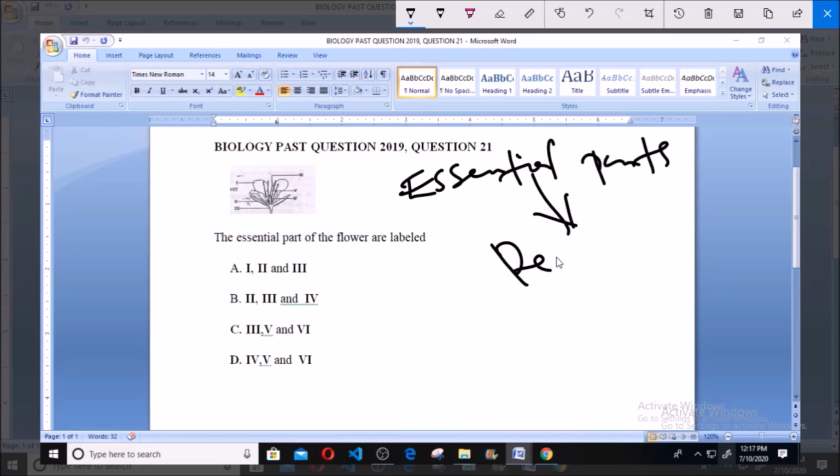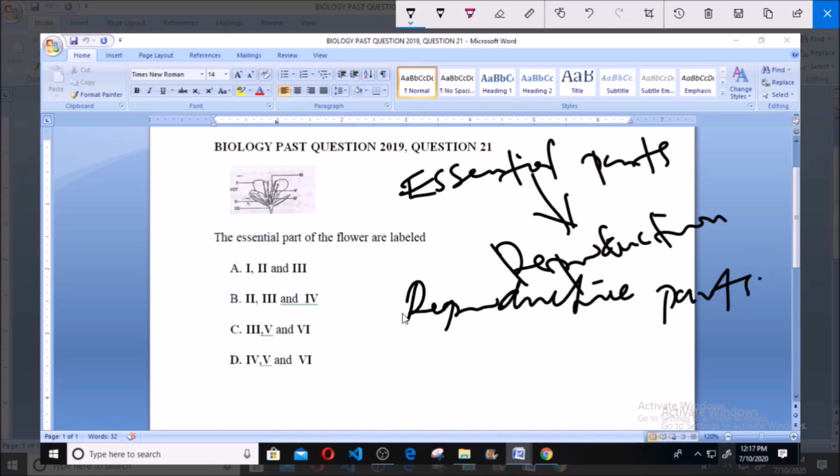Now, what are examples of these reproductive parts? We have the stamens, which is the male reproductive system. It contains the filament and anther. We have the carpels, which contains the stigma.